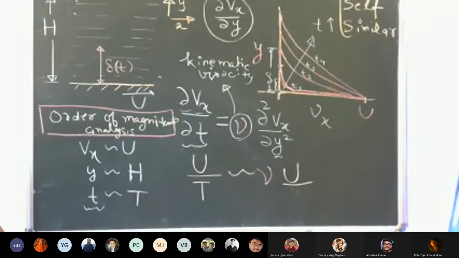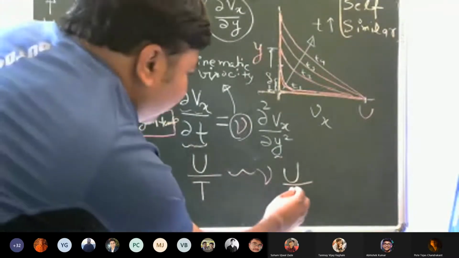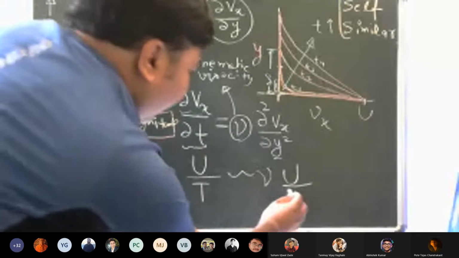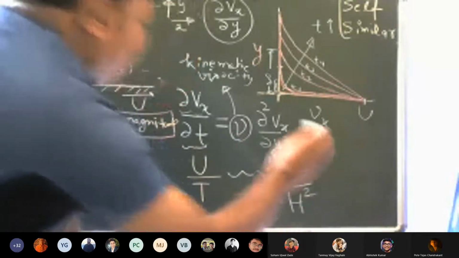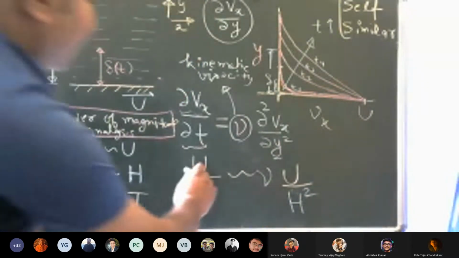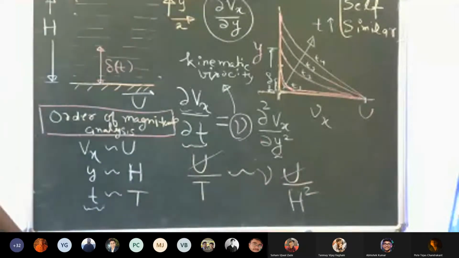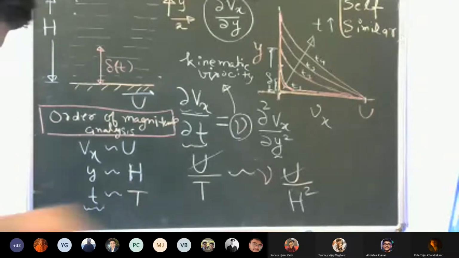X square, yeah. So since we are considering the next statement, let's say this is right. So this cancels, and the characteristic value of time which we are getting is, you can see here.